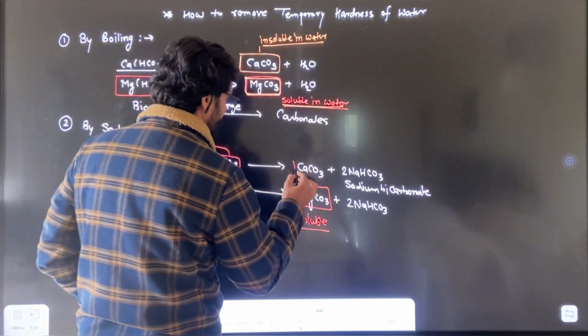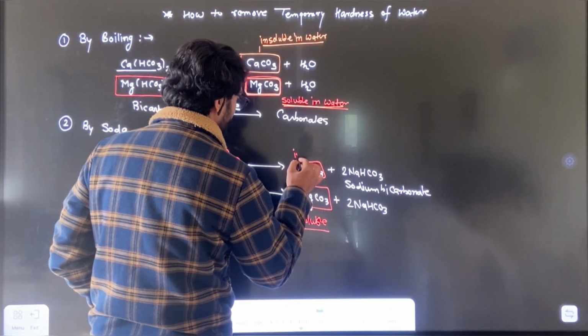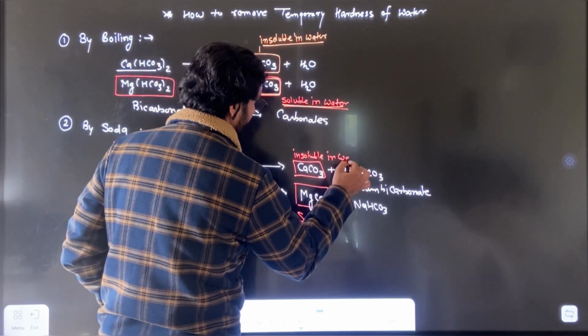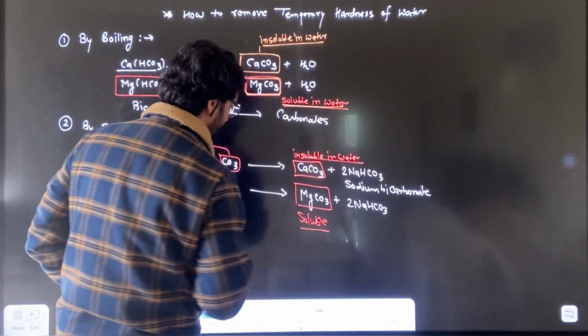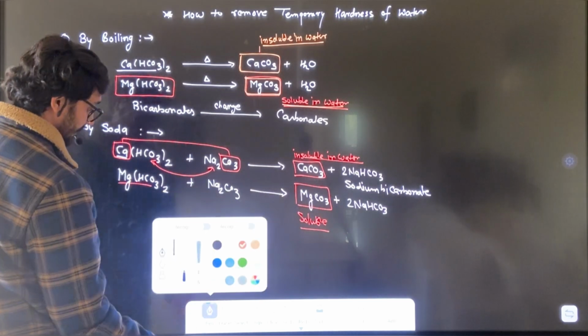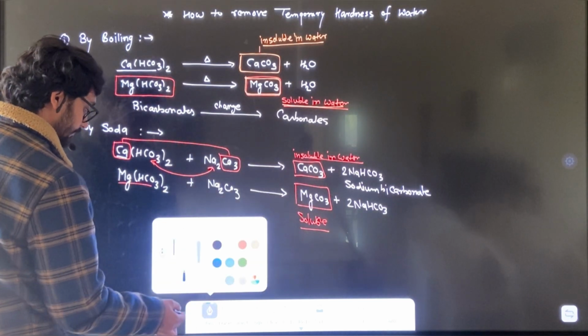But in the case of calcium carbonate, it is insoluble in water. All right, so now our third and last temporary hardness method is the lime method.